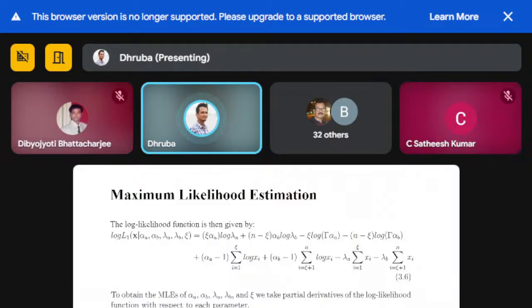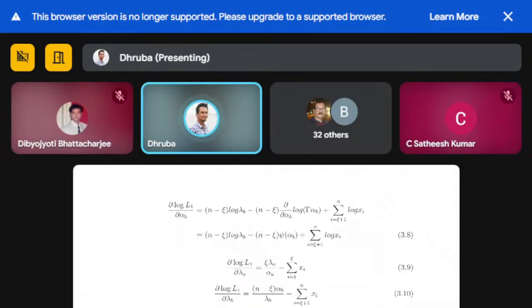And these are the first derivatives of log of L1 with respect to the different parameters, that is alpha A, alpha B, lambda A, and lambda B, where psi of alpha A and psi of alpha B are digamma functions. By equating equations 3.7, 3.8, 3.9, 3.10 with 0, we can obtain the maximum likelihood estimates of the parameters, that is alpha A hat, alpha B hat, lambda A hat, and lambda B hat.